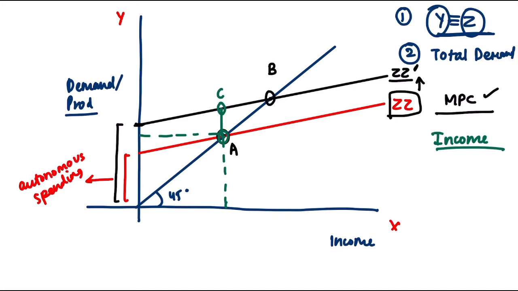Because we know that when there is an increase in production, that leads to an increase in income, which we represent by this horizontal shift. So from a point C, we move to a point D.